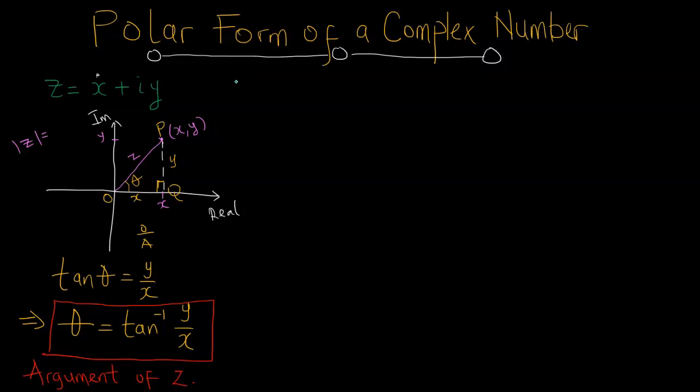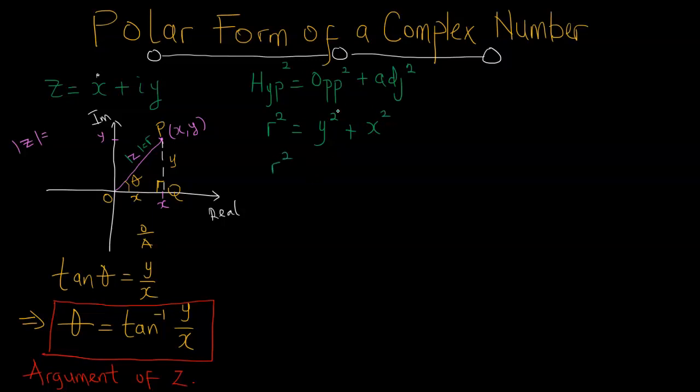The Pythagorean theorem states that the square of the hypotenuse is equal to the sum of the squares of the opposite and the adjacent sides. Thus, we would see that the hypotenuse here is the length of the complex number z. And of course, I can just represent it with r, the radius. So this is r squared equals, now the opposite, that's y squared, and the adjacent, that's x squared.